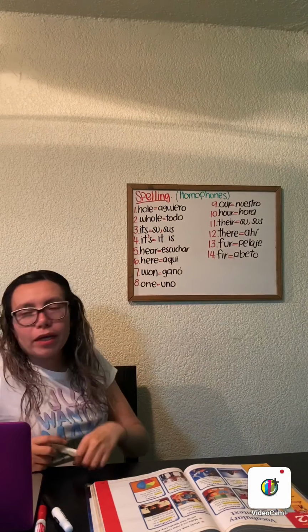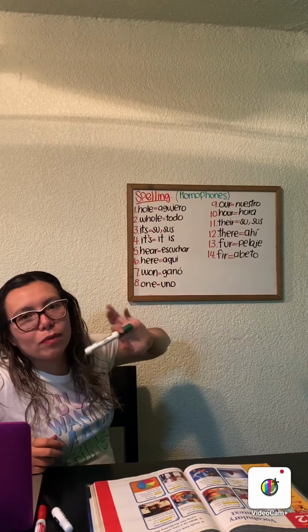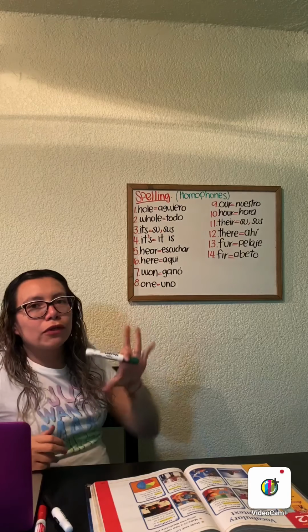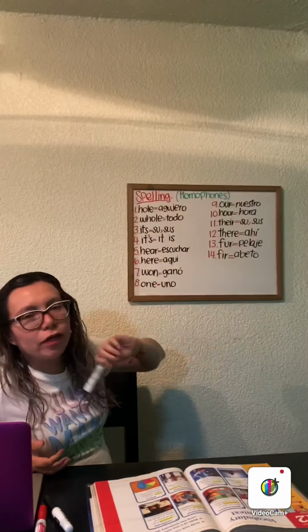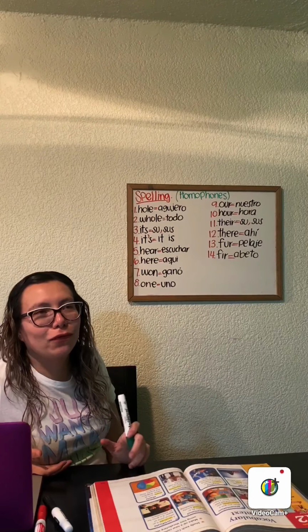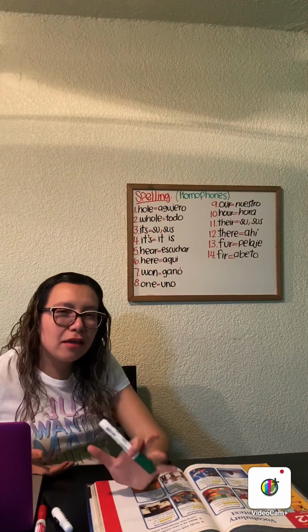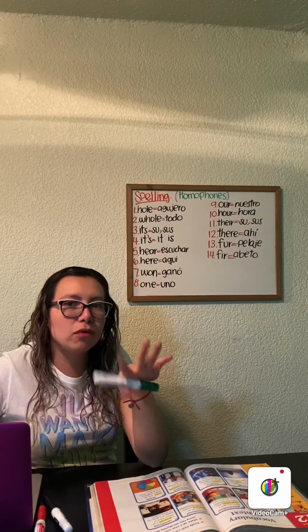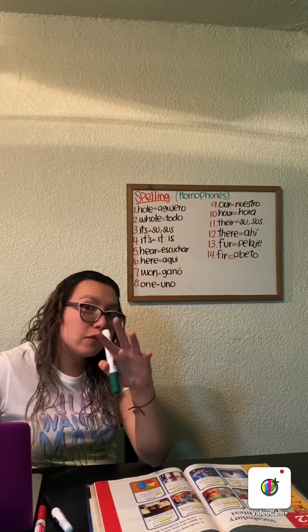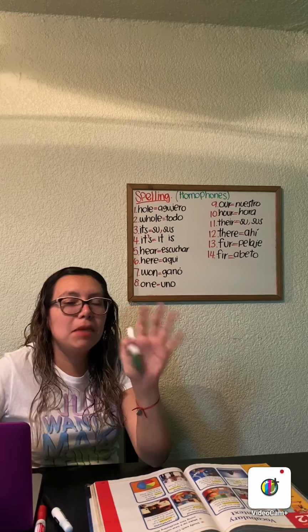And finally we have number 13, fir. Repeat, fur. Fur is pelaje. And we have fir, that is abeto. It's a kind of tree. You have to practice the pronunciation to find the differences between the sound and the meaning and spelling.